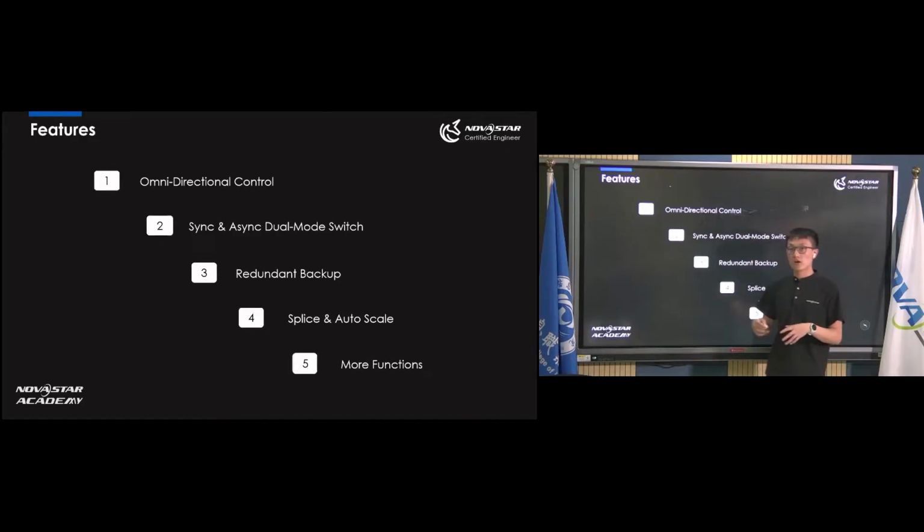Also, you can use an Ethernet cable to connect with the Terra box for a stable solution. So the control system is flexible, and you can use 2 ways to control it. The second feature is synchronized and asynchronous dual-mode switch, which means that if you use the Terra 6 or Terra 8, those 2 boxes support this dual-mode switch.